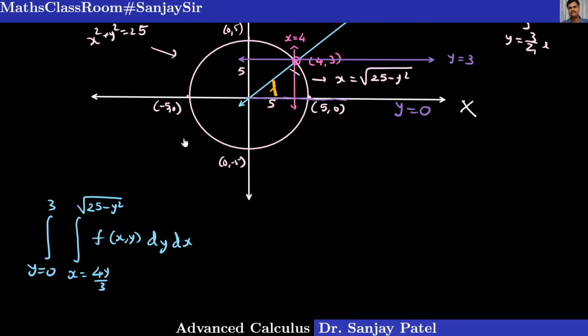One is the region on the left hand side of this line, and that I will call the region E1. This green color region is E1, and this region is E2.